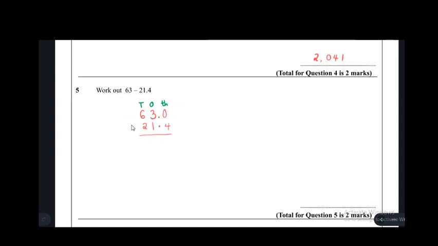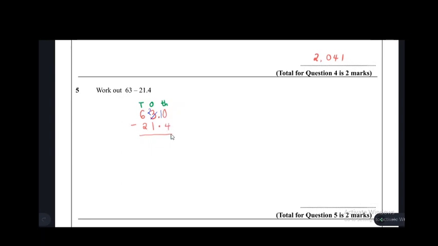So you'll notice that I've aligned the decimals, and I've also aligned the numbers that belong to the same place values. So here we are subtracting. I'm going to start with the tenths. 0 minus 4 is not possible, so I'm going to have to borrow 1 from here. I'll remain with 2, and then here we'll have 10.